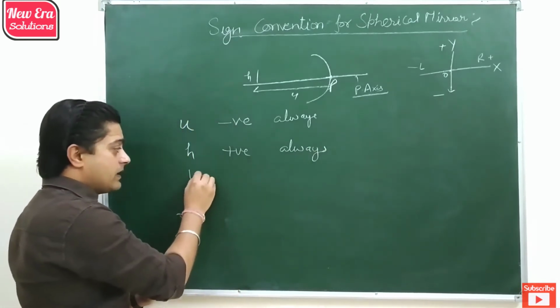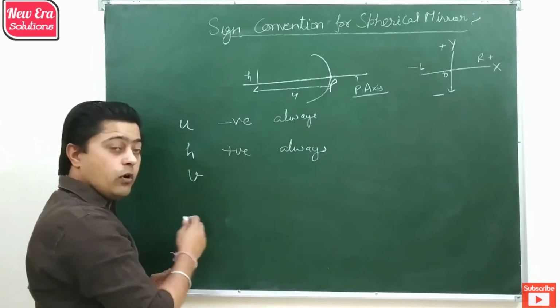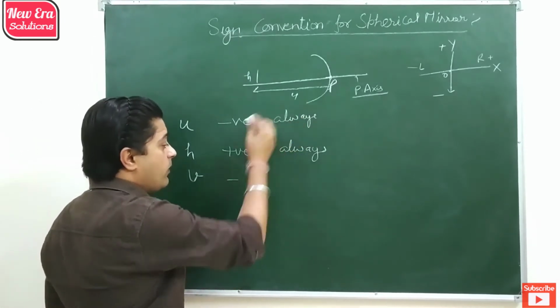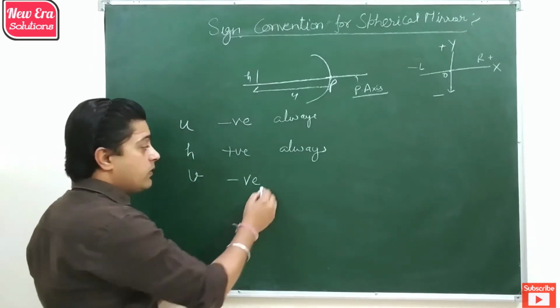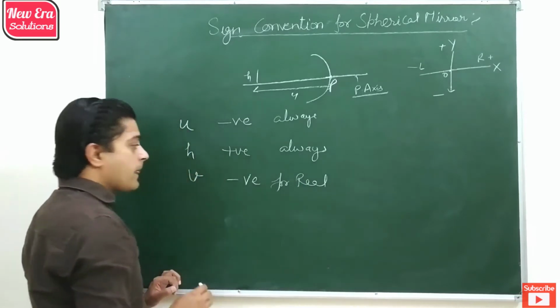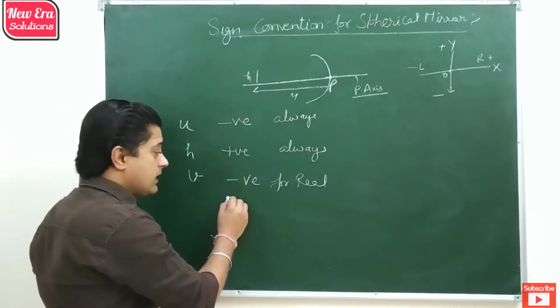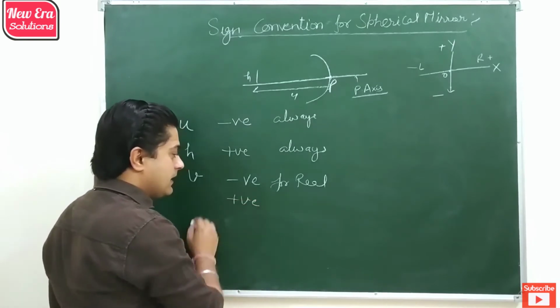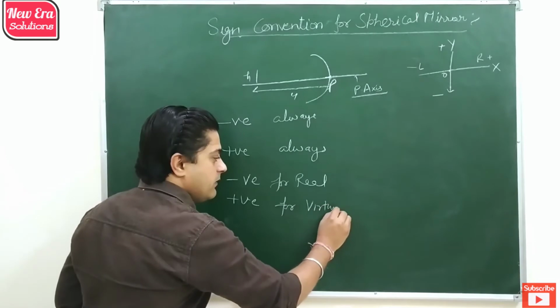Then we have the distance of the image. If the image forms in front of the mirror, then it is negative, and it happens only for a real image. But when the image is formed inside the mirror, which is a virtual image, then that distance is given a positive sign.